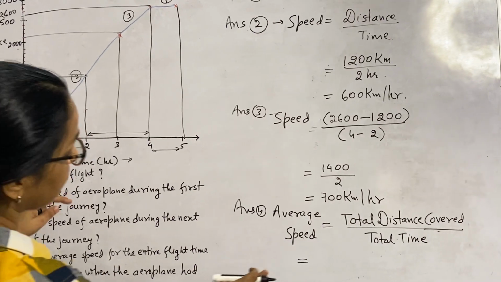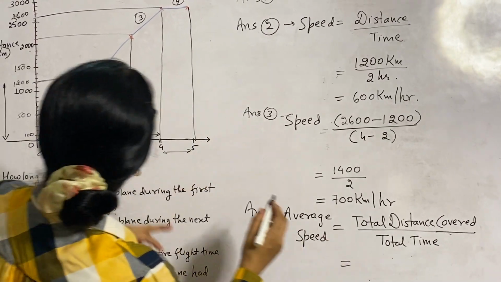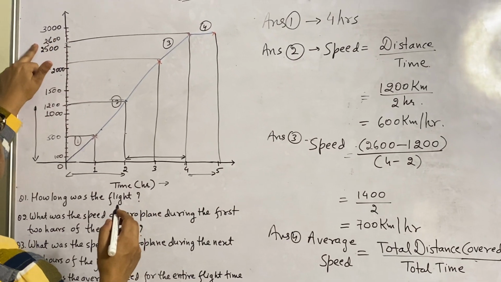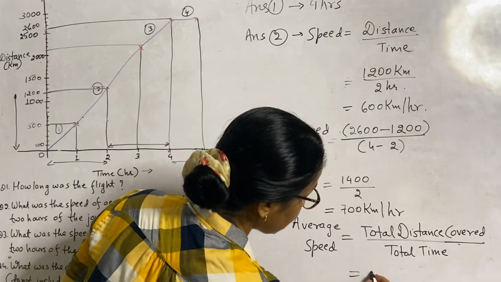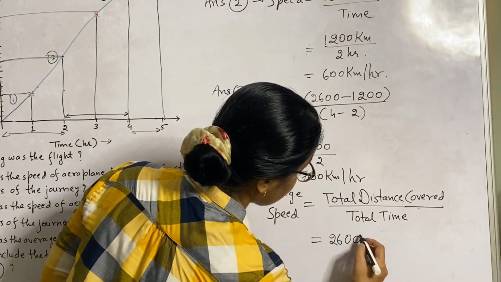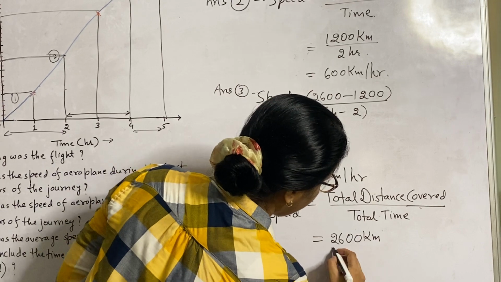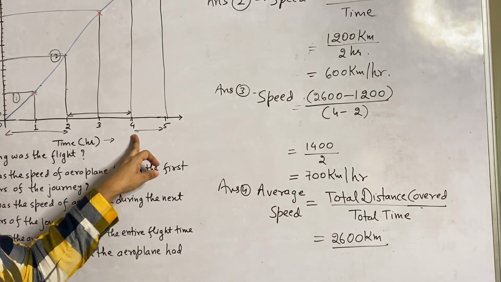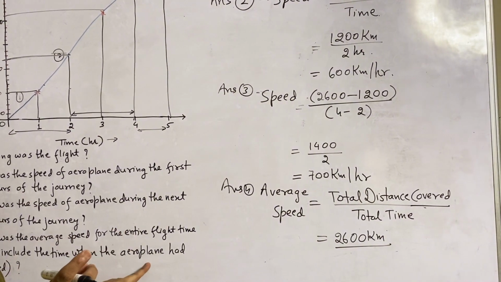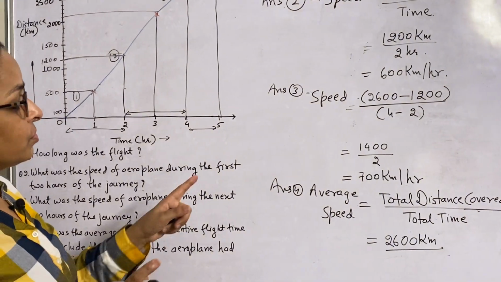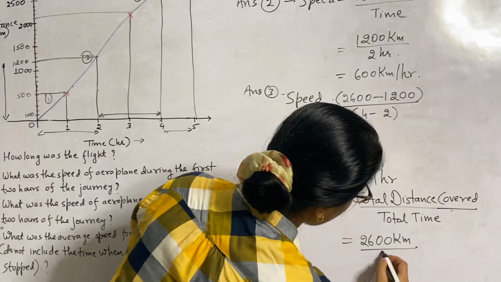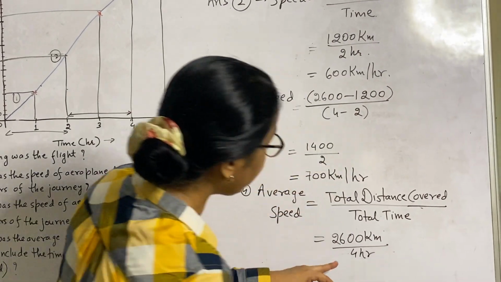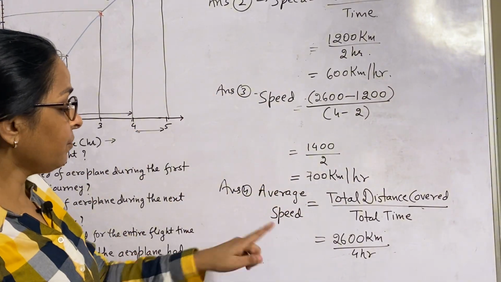What is the total distance covered? Total distance covered is 2600 kilometers, right? And total time taken is 4 hours. Remember, do not include the time when the aeroplane had stopped. So total time is 4 hours. So just divide 2600 kilometers by 4 hours.